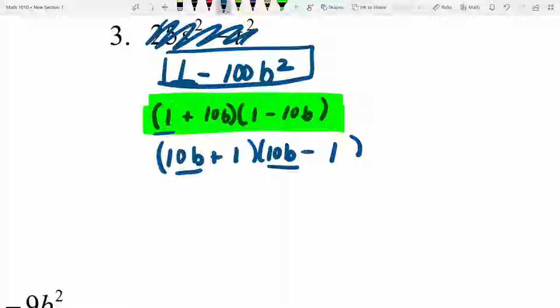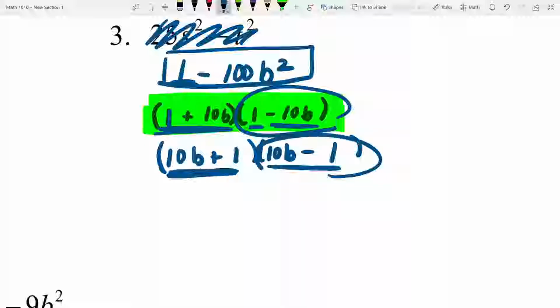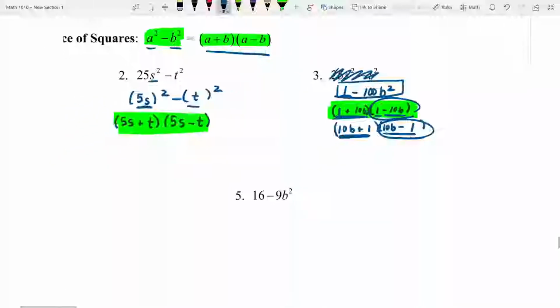On this guy, the 1 is positive and the 10b is positive. On this guy, the 1 is positive and the 10b is positive. So this and this are exactly the same. Look at this one. The 1 is positive, the 10b is negative. The 1 is negative, the 10b is positive. This guy and this guy are not the same. That's why the order matters, okay? Who says, I gotcha? Let me see. So don't panic if the variable's second.